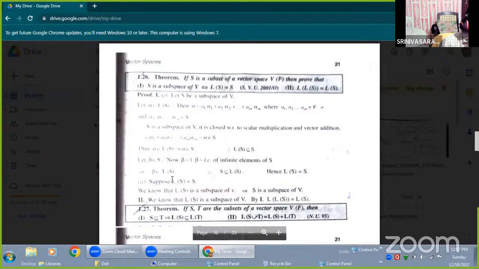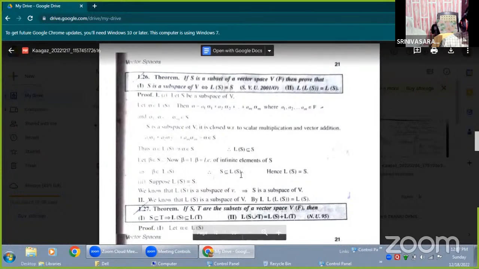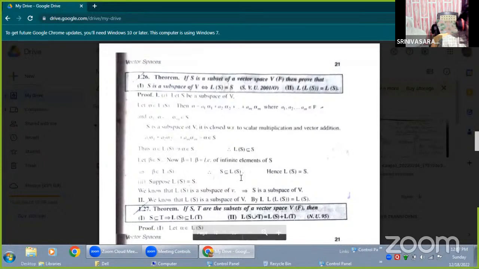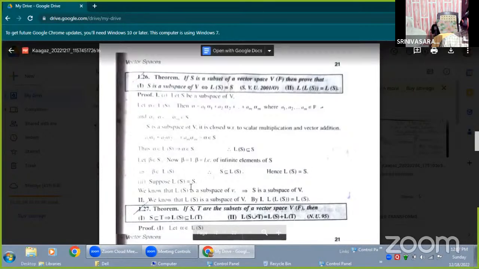So beta belongs to L of S, and S is contained in or equal to L of S. That's enough. Therefore, finally, A is contained in or equal to B and B is contained in or equal to A. We are getting L of S equals S.